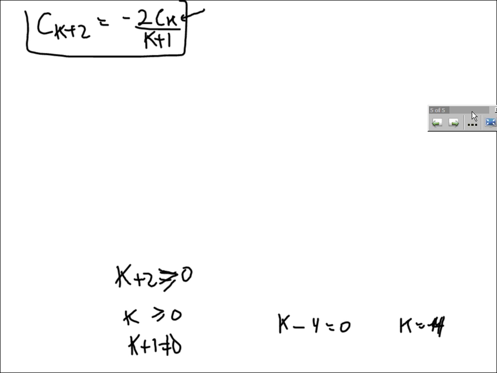You have to start at less than 4, because if k can't be 4, it can be 3. So this will be negative 1, and you can divide by negative 1.